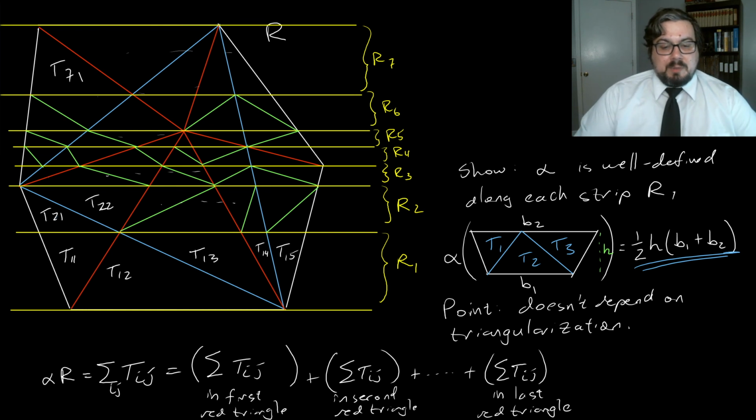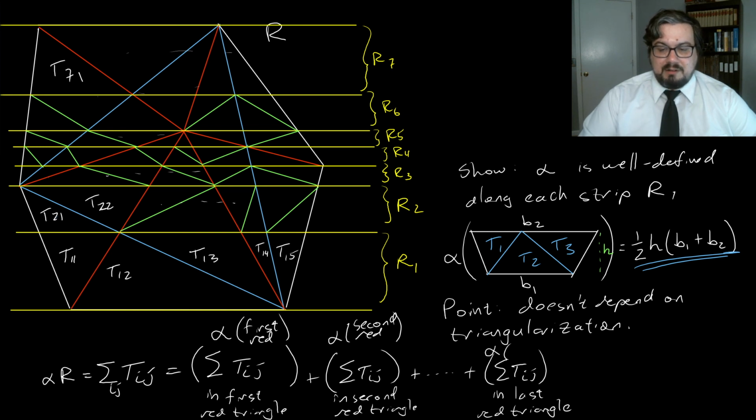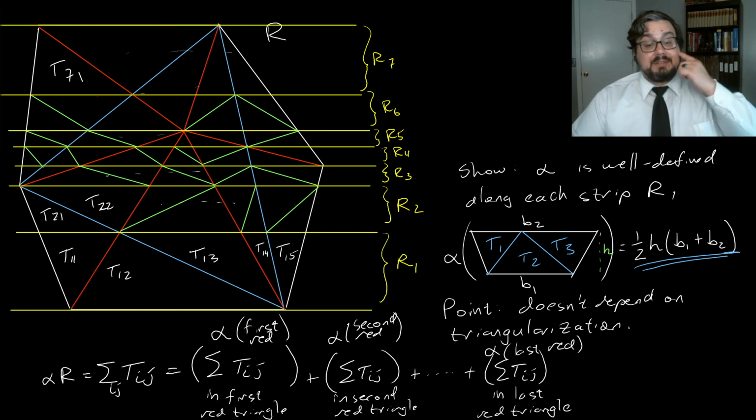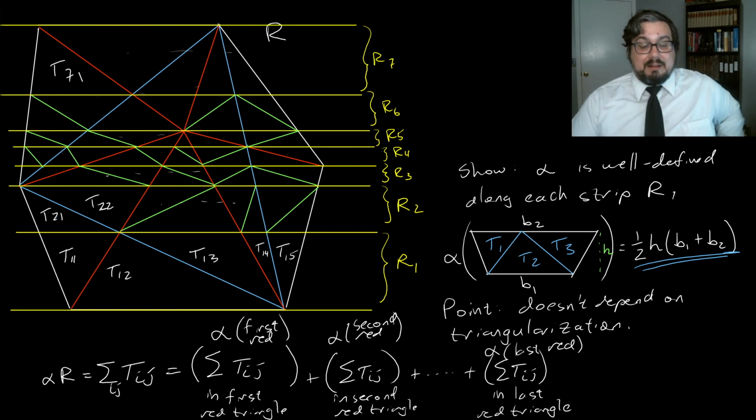And so by doing that, we see that this is the area of the first red triangle plus the area of the second red triangle up through the area of the last red triangle. And so we show that the area of R is this.